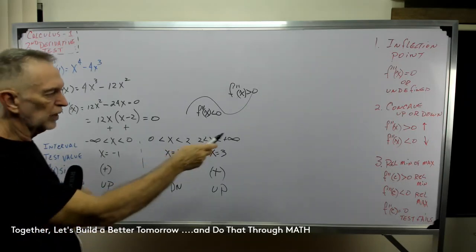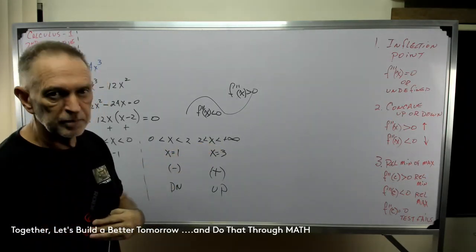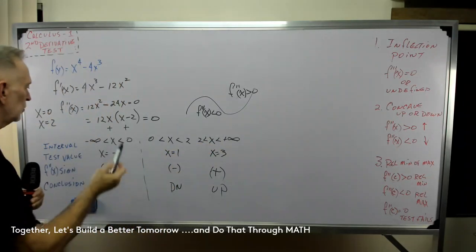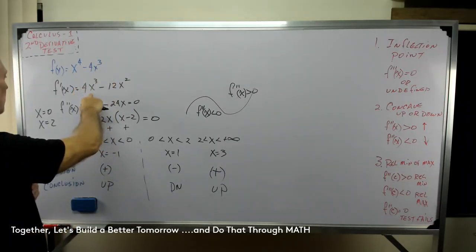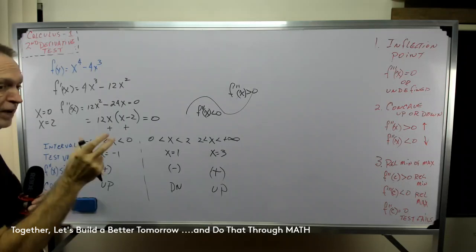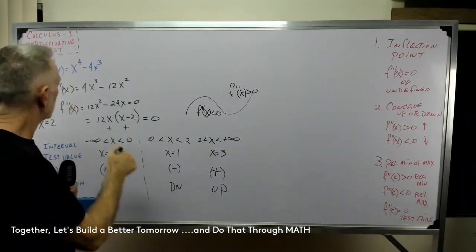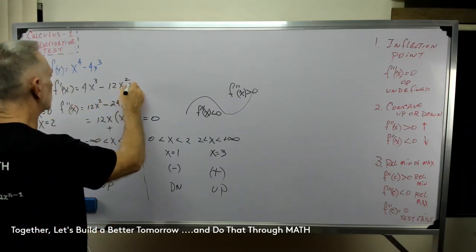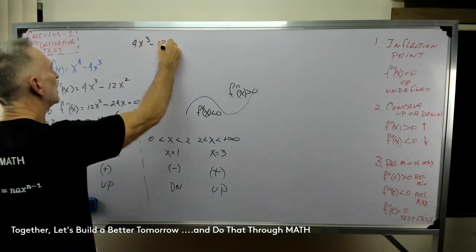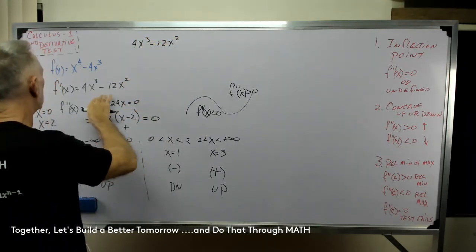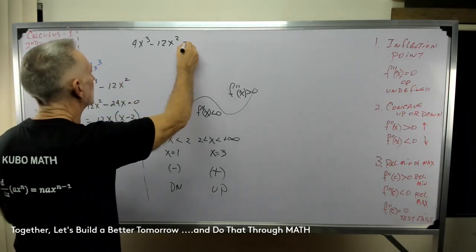Now, to do the relative minimum or maximum, I need to go back to this f prime and solve it to find c. So let's set this guy equal to 0. We pull him up here: 4x cubed minus 12x squared, and let's set that equal to 0.